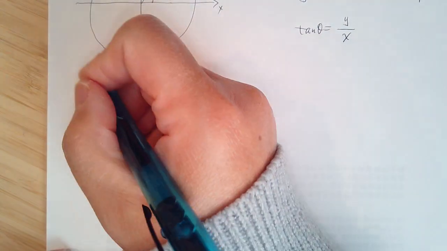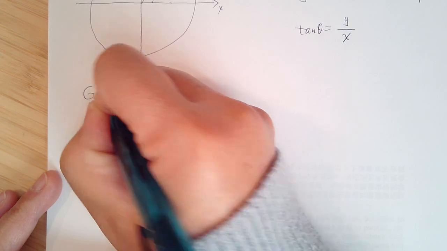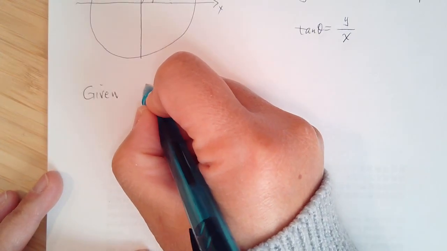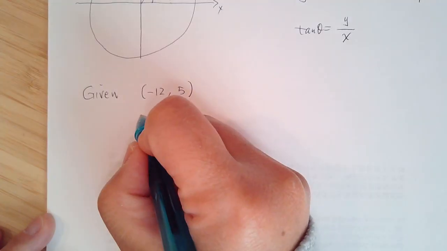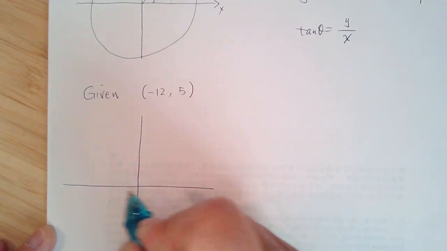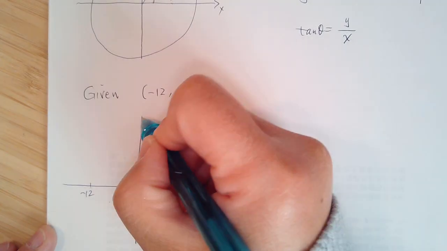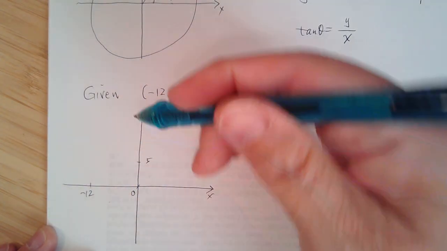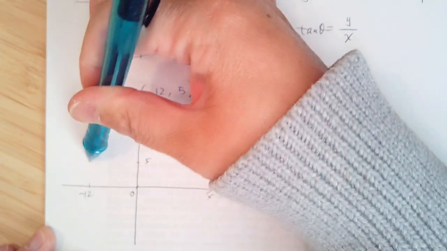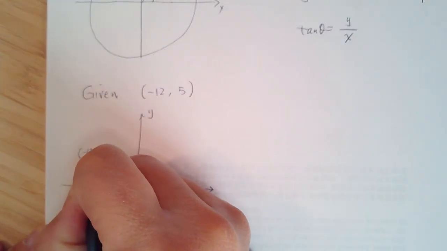Now, let me give you a couple of examples here. Okay, so I give you negative 12, 5, which is here. So here's a negative 12, and here's a 5. All right, negative 12 is exactly this point, right? So here's the point, negative 12, 5.